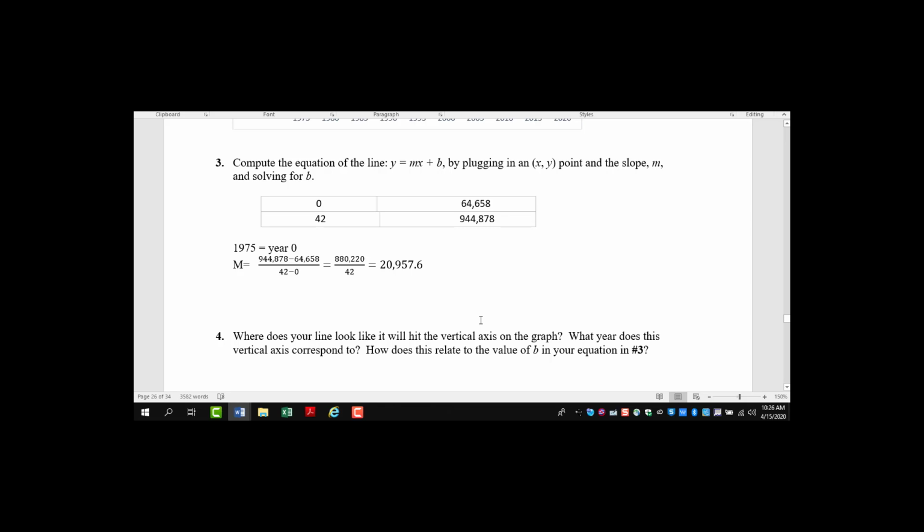The average yearly increase in Social Security is 20,957.6 million per year.